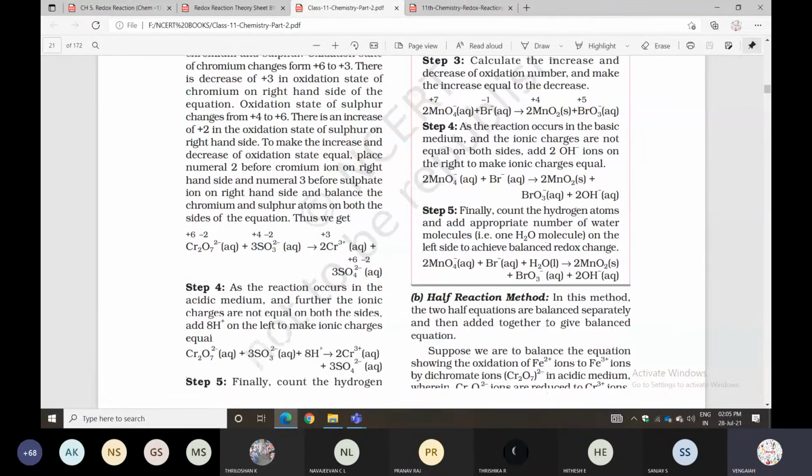Finally, count the hydrogen atoms and add the number of water molecules on the left hand side to balance. So the balance will be there.